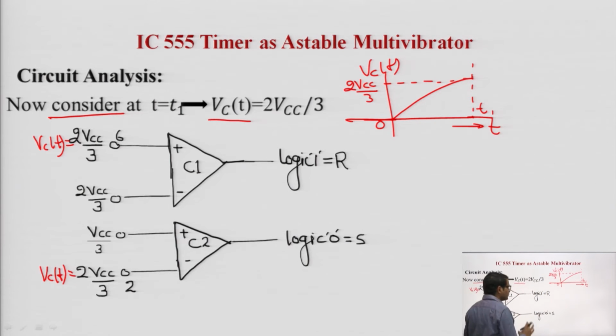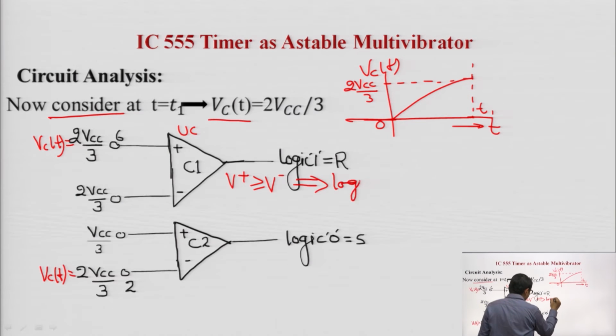Now compare the positive and negative terminals of the op-amps. In C1, the upper comparator, V plus is greater than or equal to V minus, and in case of equality the output is also logic 1, meaning R equal to 1.